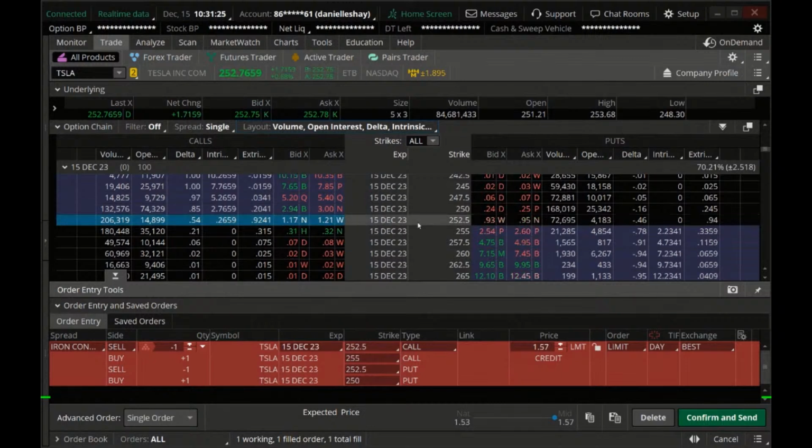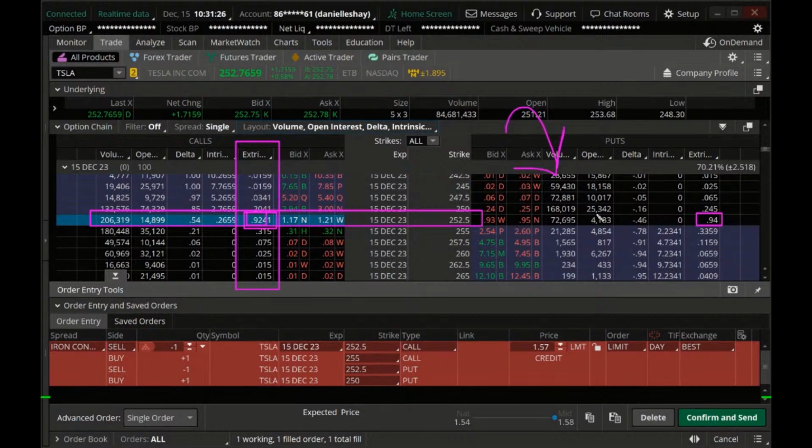So with any option, do you see how with the 250s, I just put the extrinsic value on there? And the extrinsic value is 92 cents on that side. The extrinsic value on this side is 94 cents. So if Tesla doesn't move, that is what's going to decay by expiration, which is today. Does that make sense?